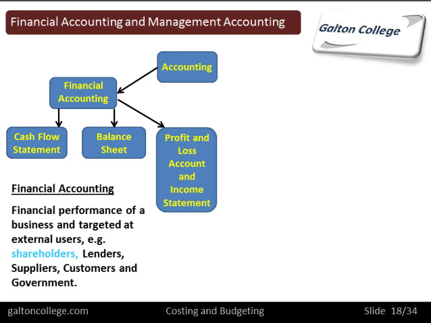The financial performance of a business and targeted at external users, for example, shareholders, lenders, suppliers, customers, and the government. Shareholders is highlighted there because shareholders are, of course, particularly important. The reason why they're in the business in the first place is to get a return on their investment, presumably.